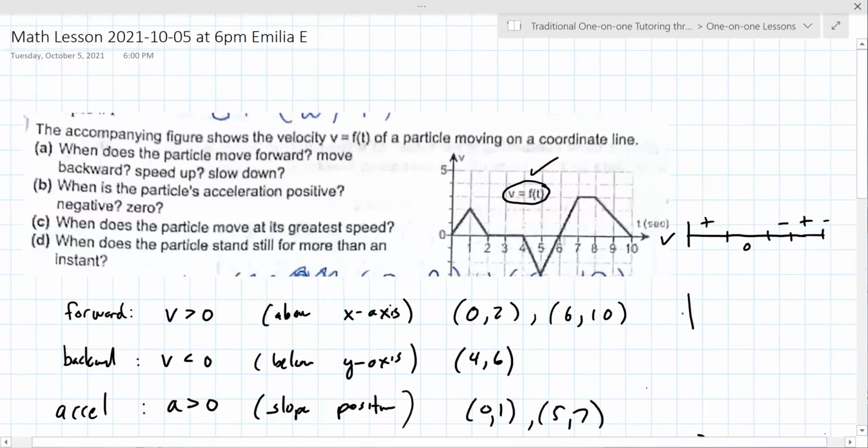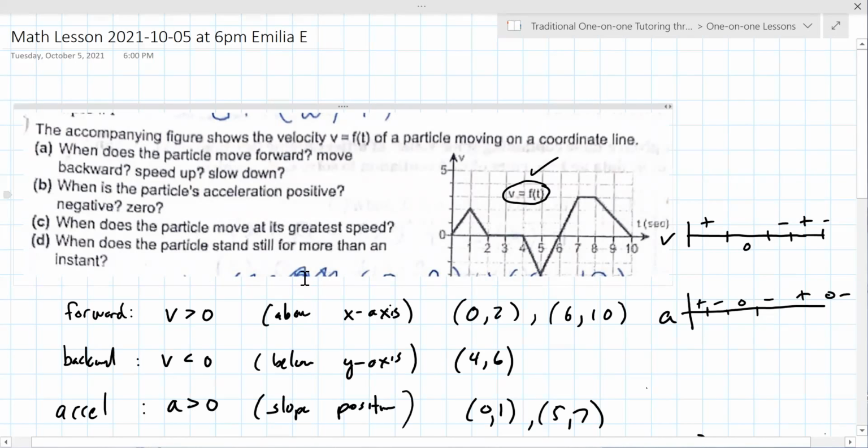Yeah, I think it was on one of the PowerPoints that I sent you. And then acceleration from 0 to 1 is positive, then it's negative, then it's 0, and then it's negative, and then it's positive, and then it's 0, and then it's negative. You end up lining these up with numbers, and that's what we're going to do in the next question.